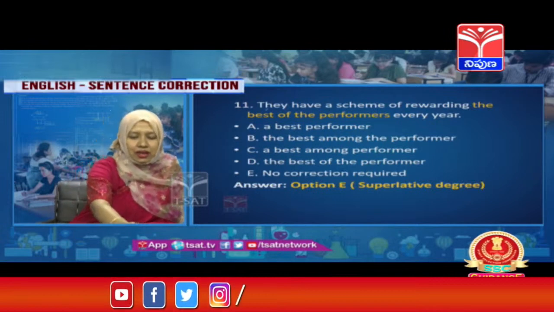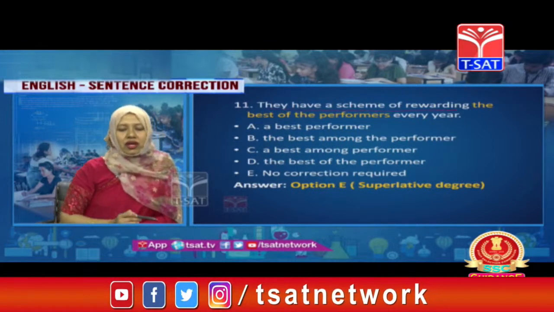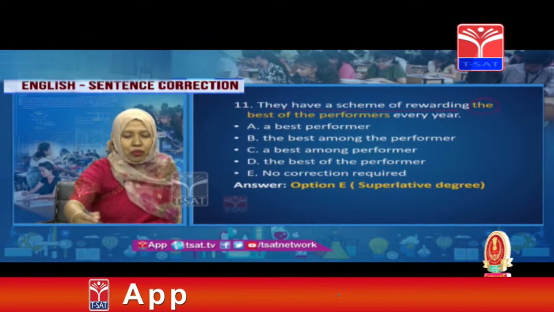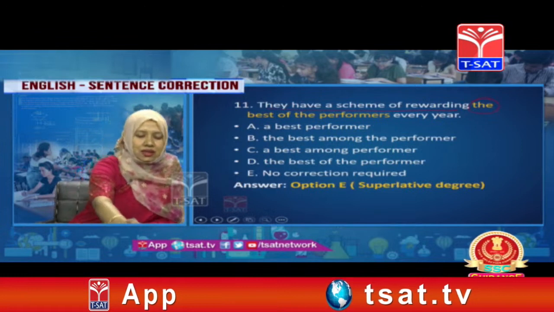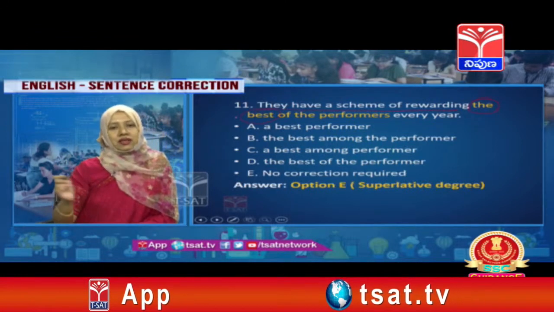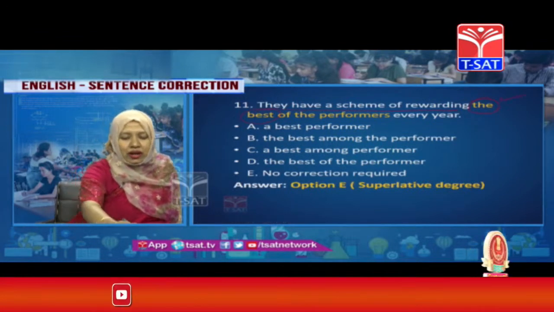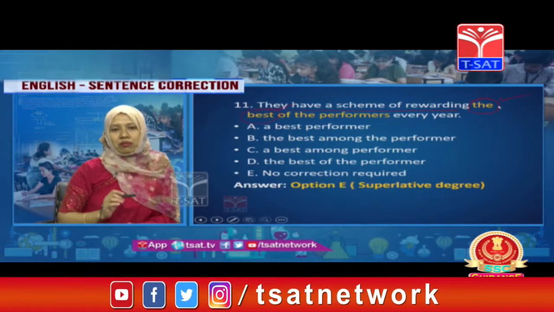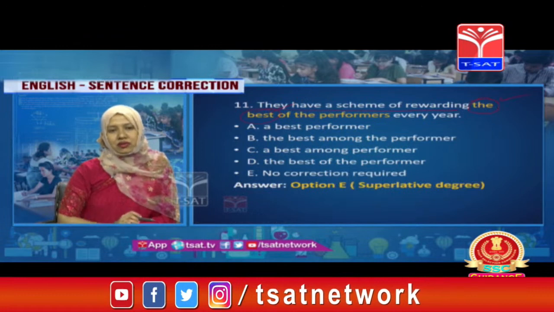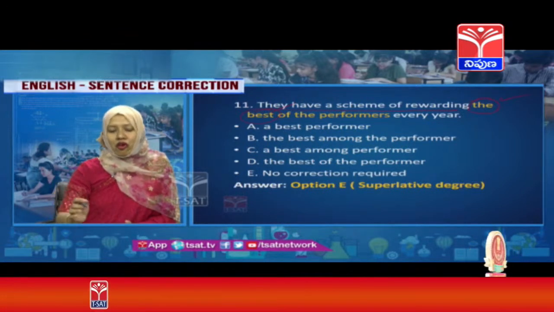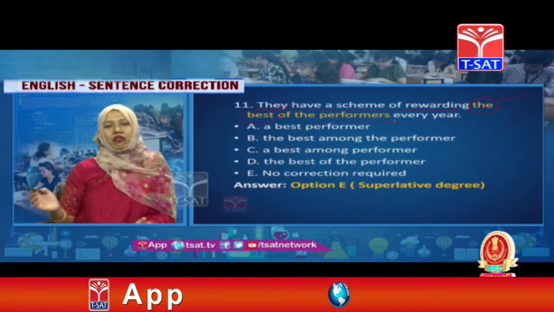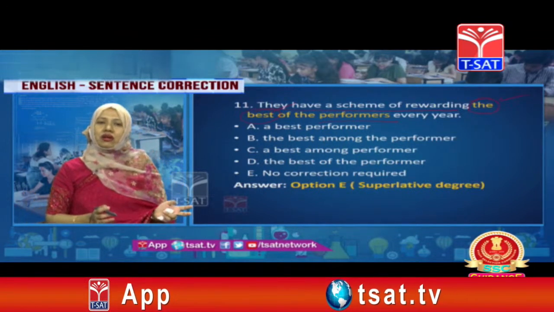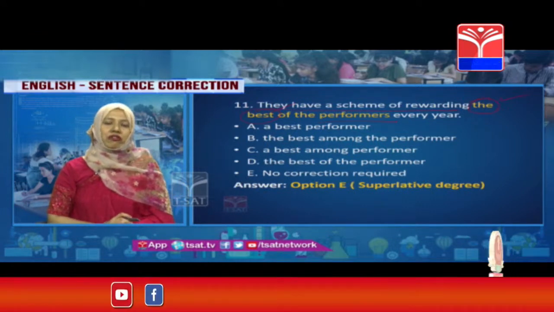If you see the subject, they have a scheme of rewarding the best of the performers. Now the is superlative degree, best is adjective: good, better, best. So these two are correct. Along with superlative degree, we are using the best. This phrase is correct. The best of the performers. Out of so many performers, we are saying that they are rewarding the best of the performers.